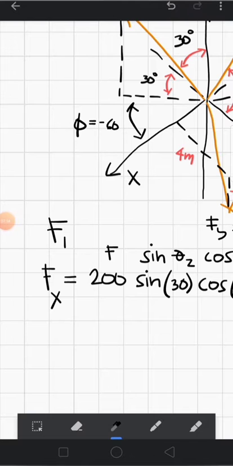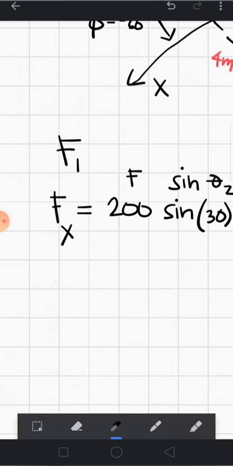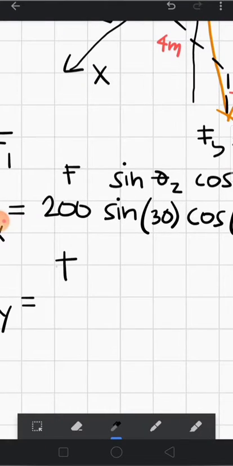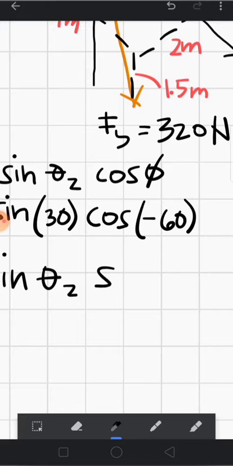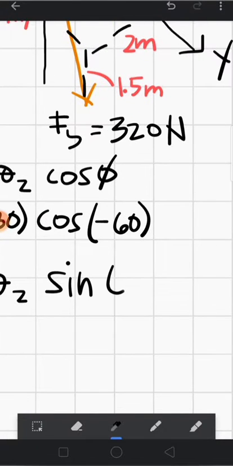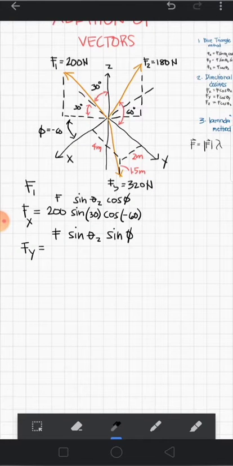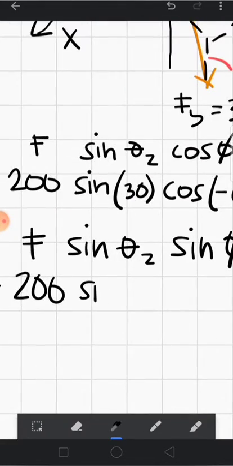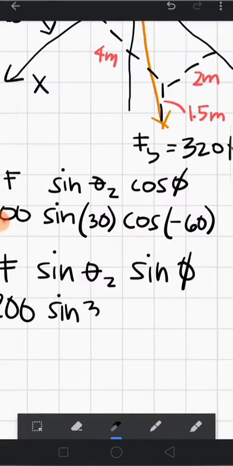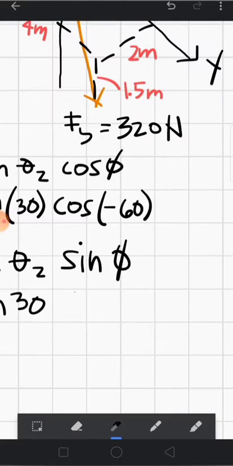Fx of force 1. Then for the Fy of force 1, or the first force, we have F sine of theta z times sine of phi. What's theta z? We know theta z is 30 and the force is 200. Then sine 30 and then sine of negative 60.